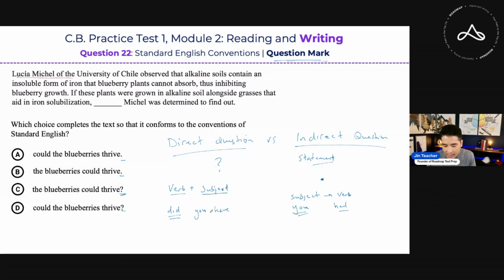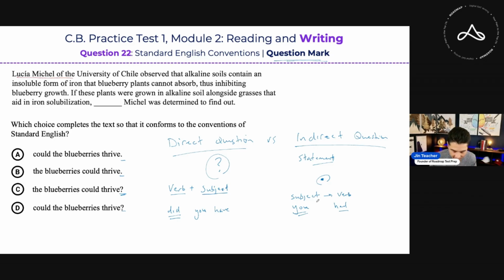Now, why this is really important is because the SAT will create wrong answer choices that have those two errors that I just mentioned. They're going to put question marks for indirect questions, and they're going to put periods for direct questions, right? And they're also going to mix and match the wrong arrangement of words, right?